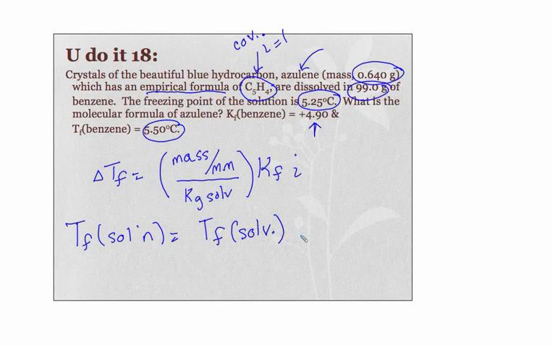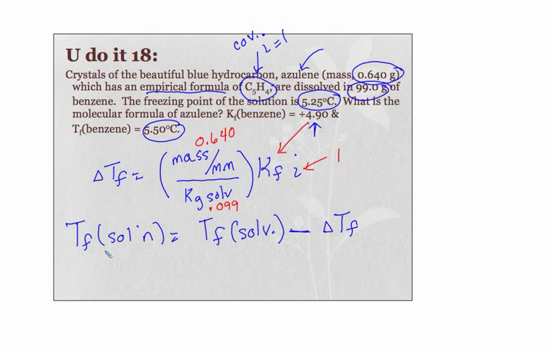Now remember, it's boiling point elevation, freezing point depression. So we have a subtraction there for our delta Tf. Other than that, this is solved very similarly. And if we plug in our values here, 640, don't forget to change this to kilograms from grams. Kf is 4.9, i was 1.